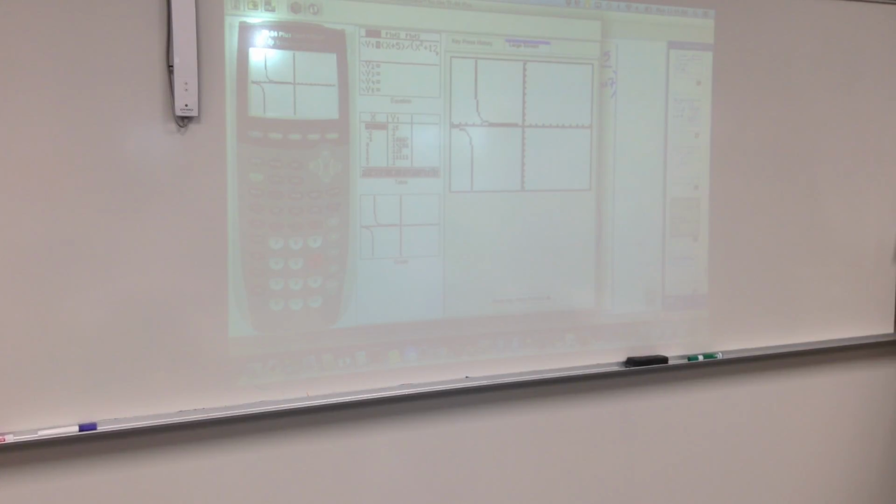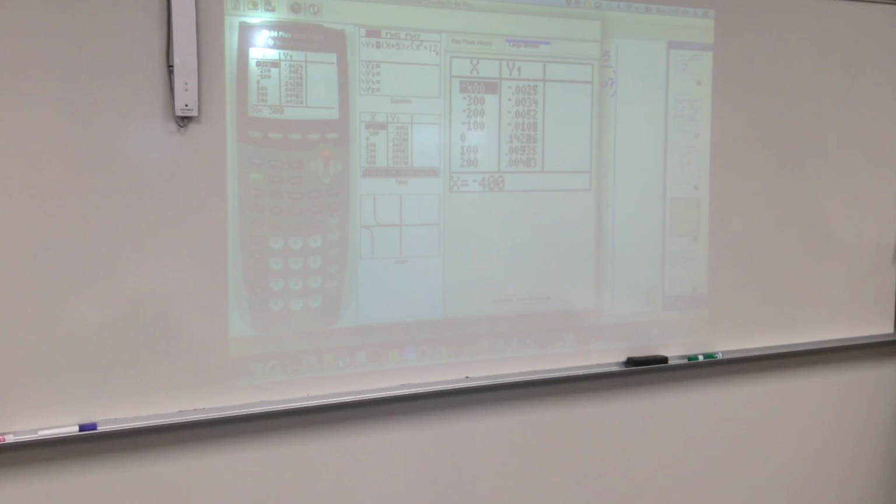If you can't quite tell, here's another method. I'll go to my table setup, and say table of values, start at 0, but count by 100. Look at what's happening to the y values as x is getting bigger. Getting smaller, getting closer to 0. How about as x goes to negative infinity, or as x goes to the left?